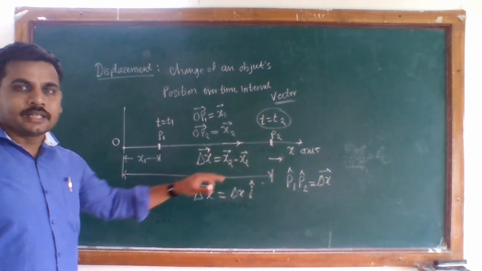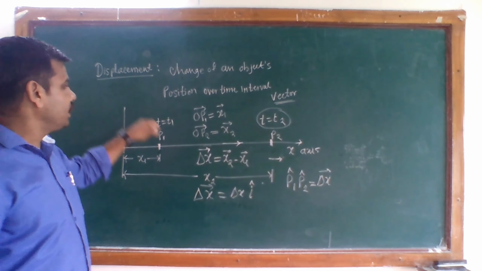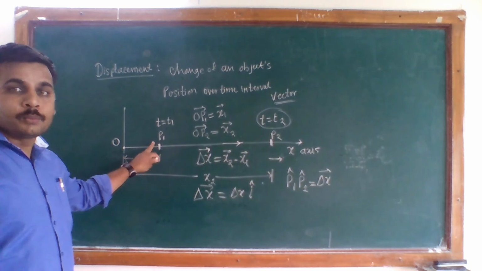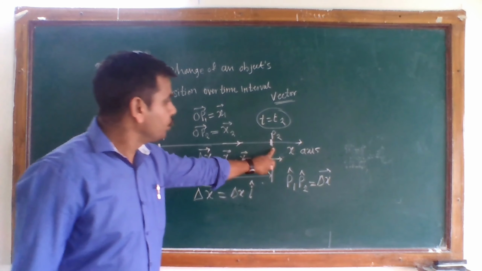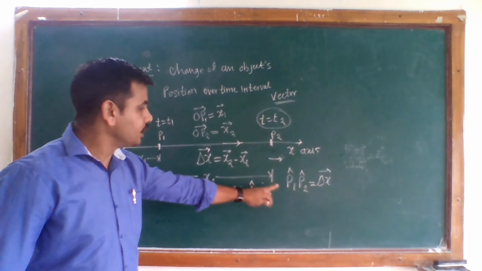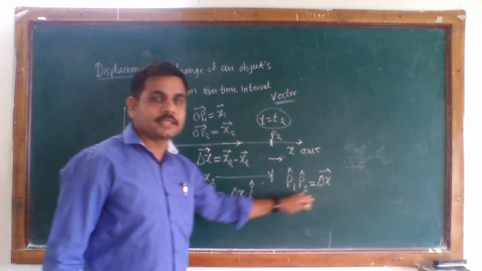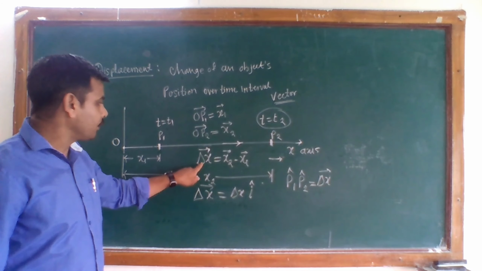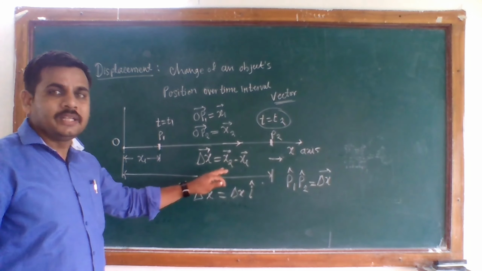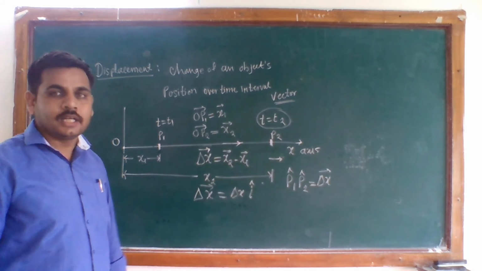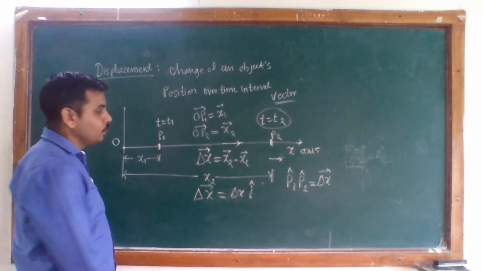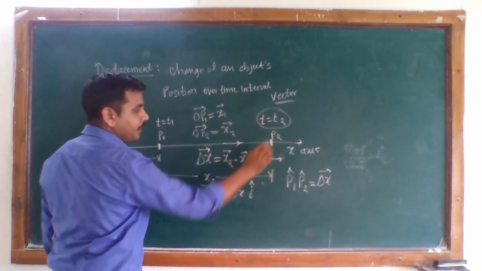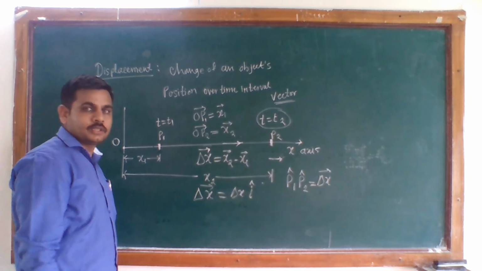This quantity gives the displacement of the car from position vector P1 to position vector P2, represented by delta x, the change in the quantity. Simply put, delta x is the difference between the two distances, x2 minus x1.